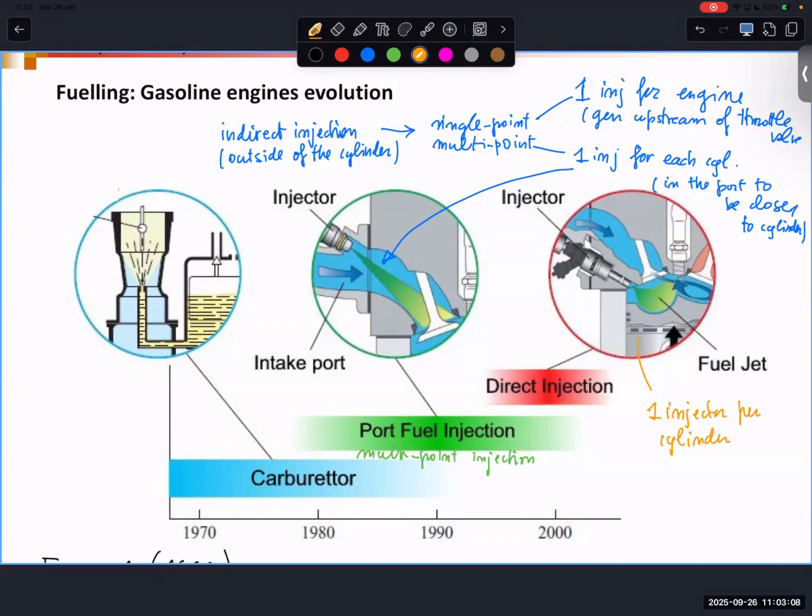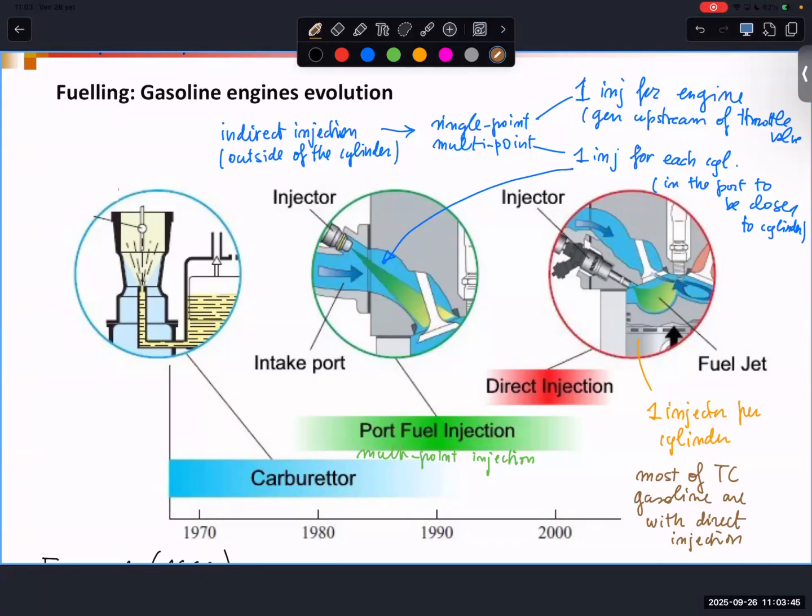Cases are increasing, so it's impossible to give all the possibilities. So talking about frequencies, we can have naturally aspirated with port injection, and turbocharged with direct injection.